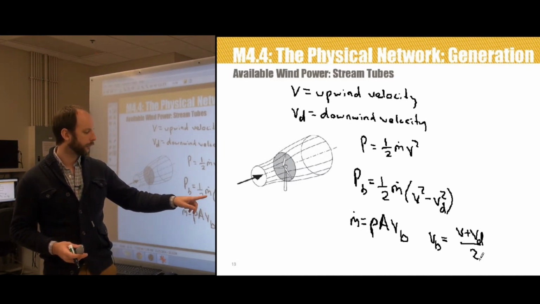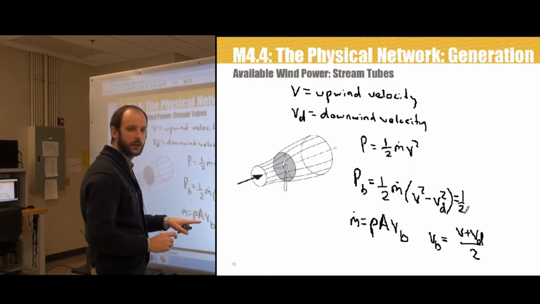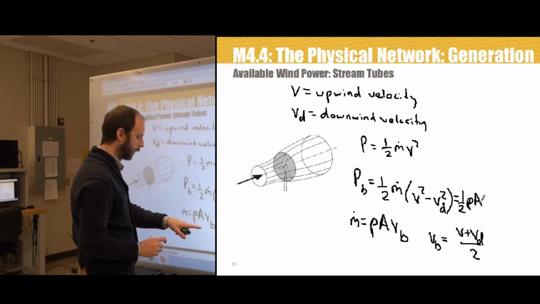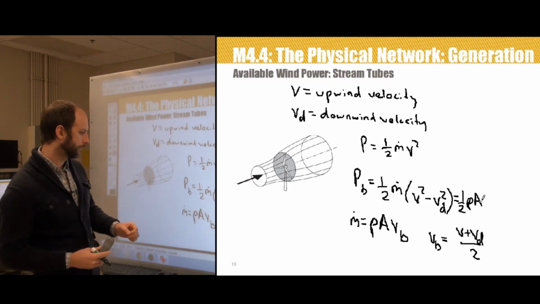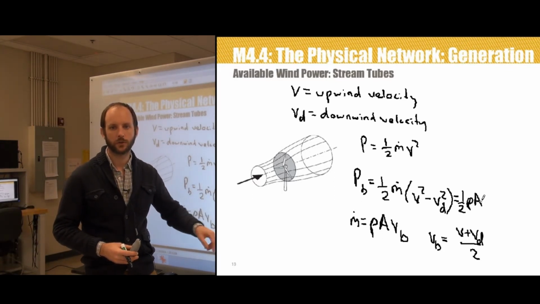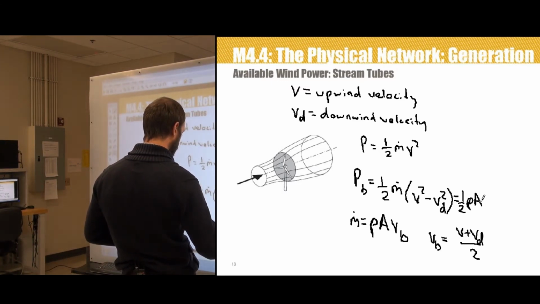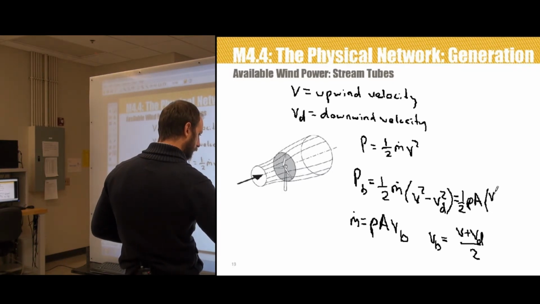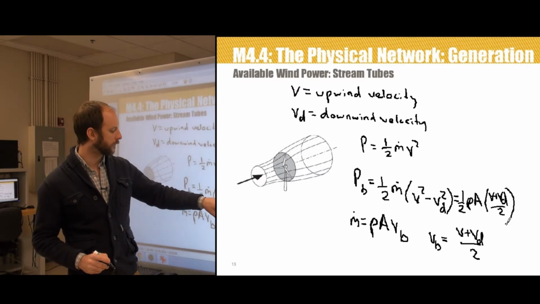So we get 1/2 density times cross-sectional area. We now multiply by Vb, which is V plus Vd over 2. And then we need to multiply by V squared minus Vd squared.